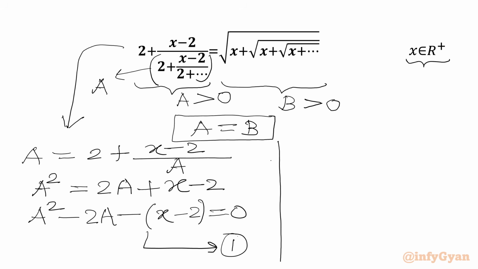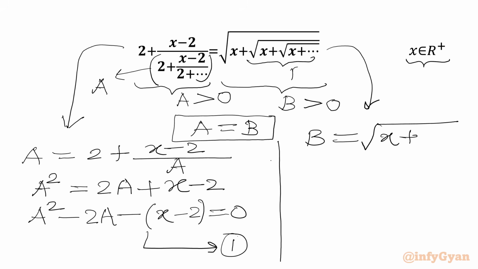Now we have to write the RHS, B. So we can write B will be equal to the square root of x plus, and here we can write B once again, as we have an infinite nested radical.